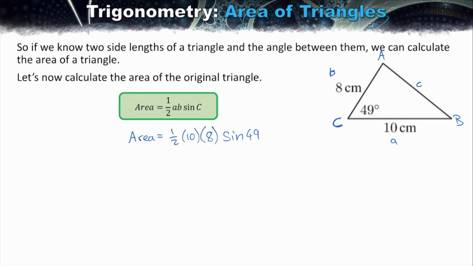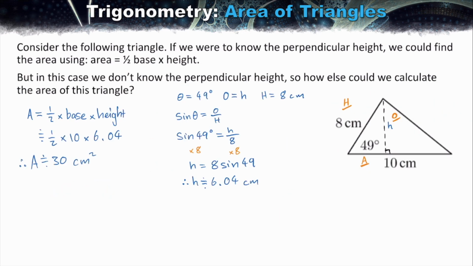So we plug this into our calculator, and it's 0.5 times 10 times 8 times sine of 49, and we get an answer that is just over 30, approximately 30 square centimeters, which when we look at what we had before is the exact same.